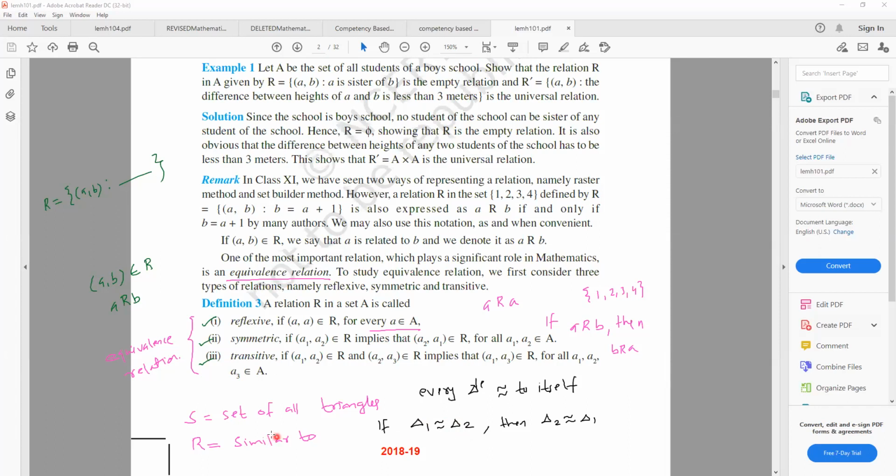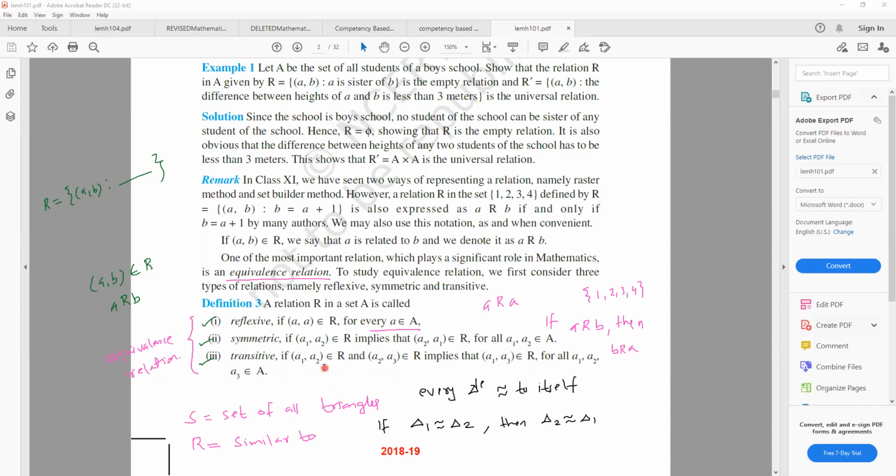And the third property is transitive. Transitive means, see, (A1, A2) belongs to R, meaning A1 is related to A2 and A2 is related to A3.